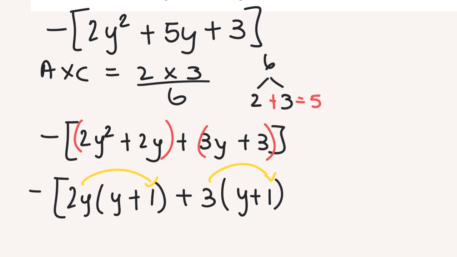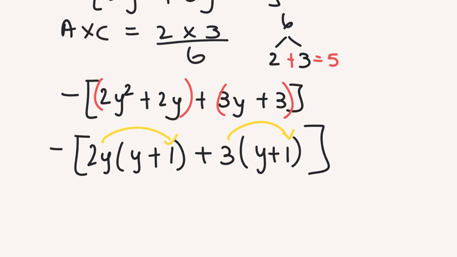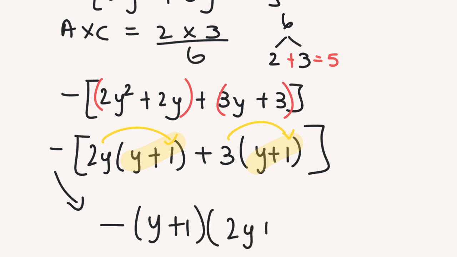You write 1 because that's how factoring works, okay? So I am left with my final answer, negative. Bring it down. Both insides are the same, correct? So I'm left with y plus 1 times 2y plus 3.